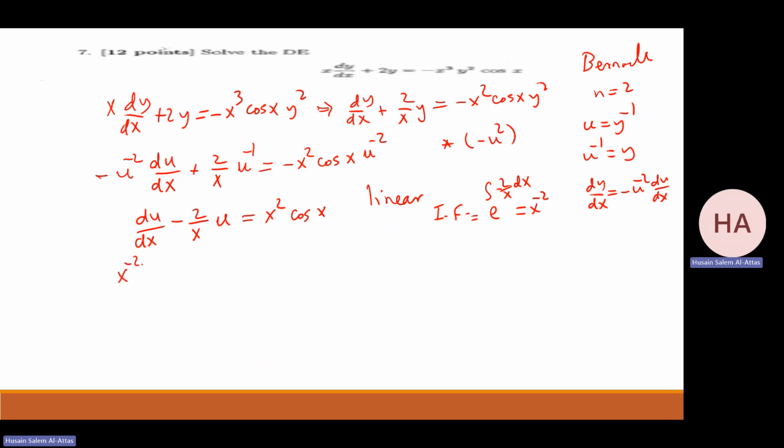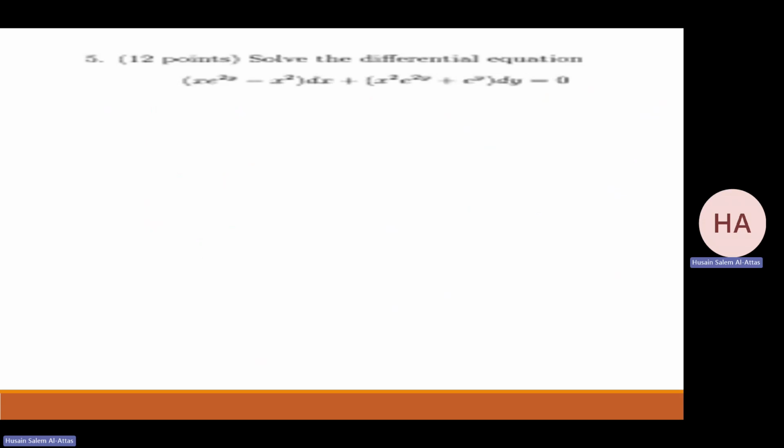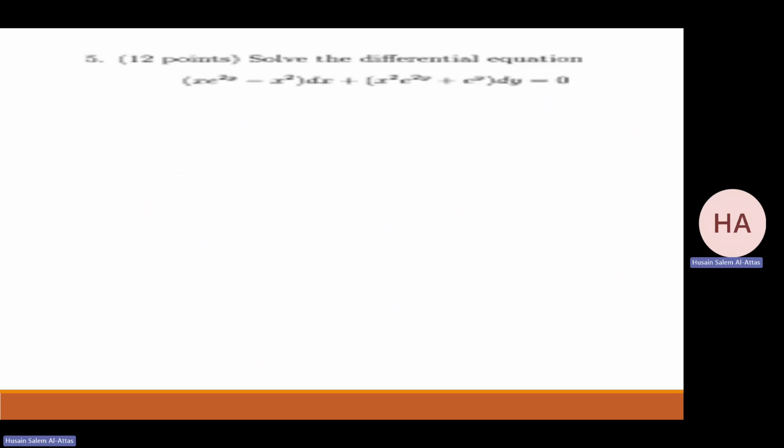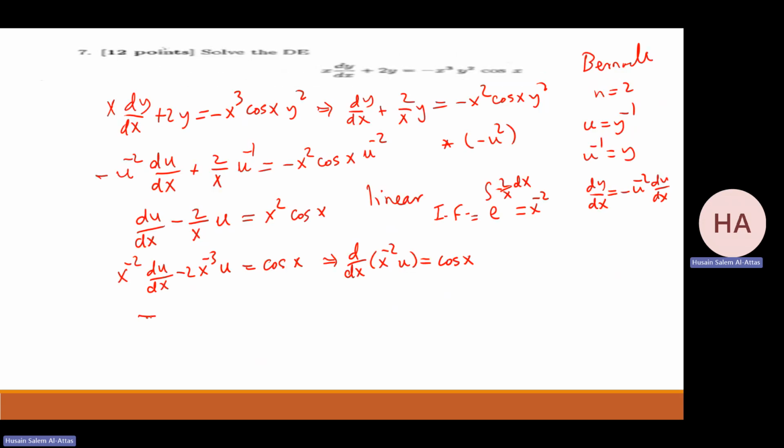Multiply, I have x^-2 du over dx minus 2x^-3 u equal cosine x. Okay, that makes it better. So I have d over dx of x^-2 u equal cosine x, which I integrate. I have x^-2 u equal sine x plus c.